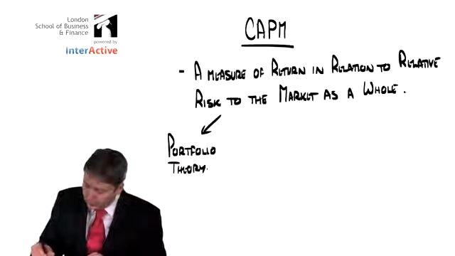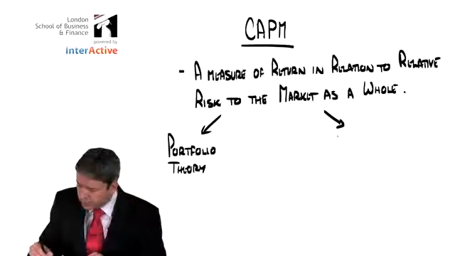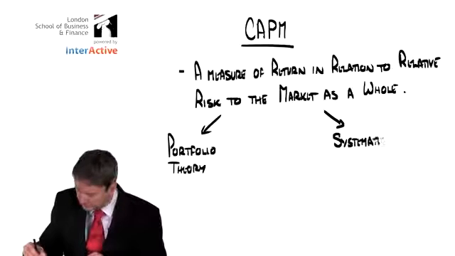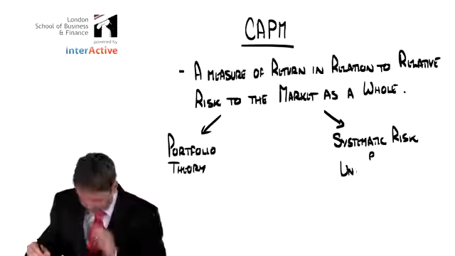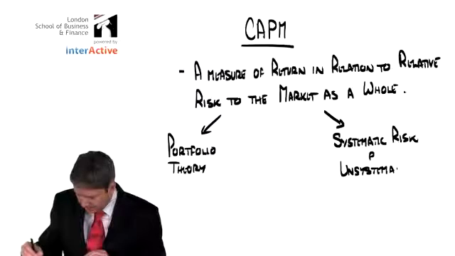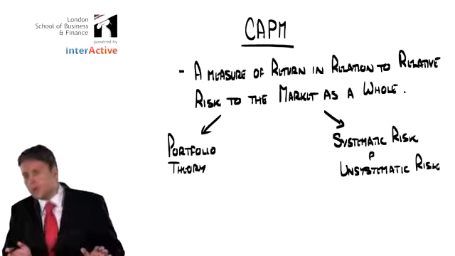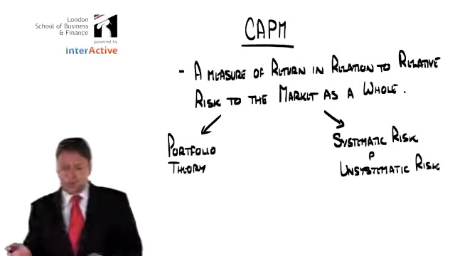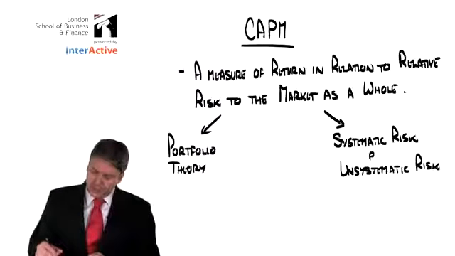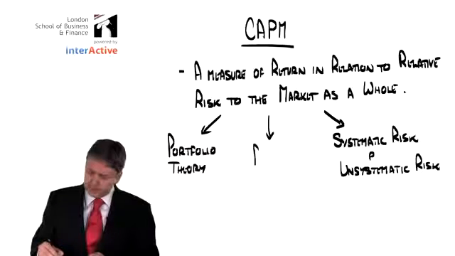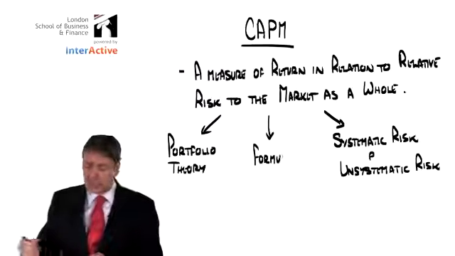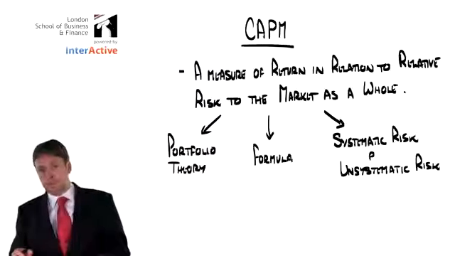Secondly, we have to talk about distinguishing between what is described as systematic risk and unsystematic risk. And once we've got those basic ideas, all we're going to do is end up with the CAPM formula. And we'll see that that is incredibly straightforward.